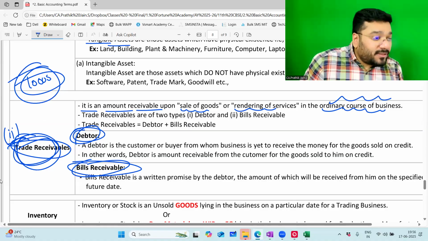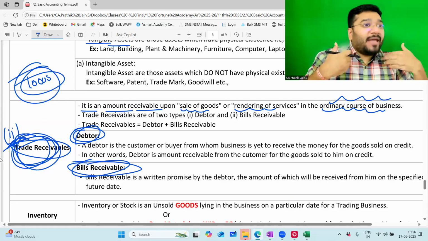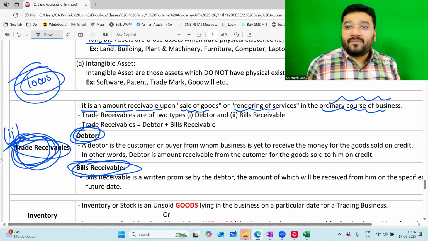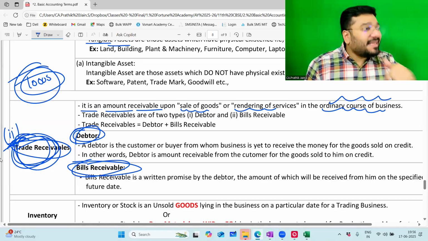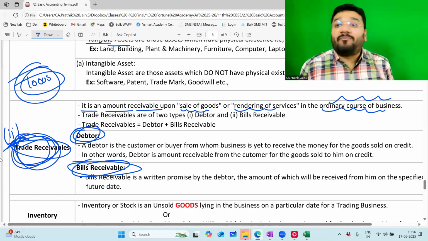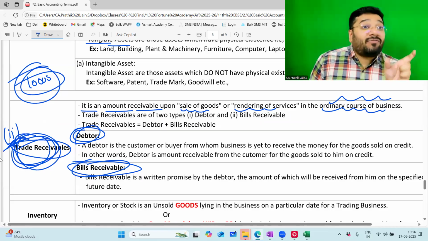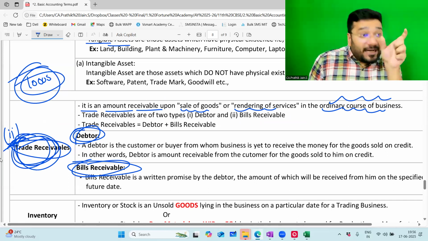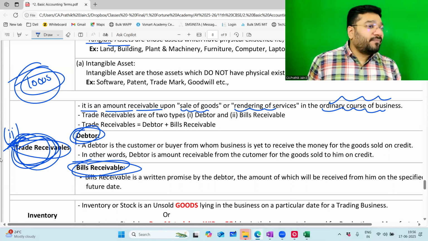So when I talk about trade receivable, it is the money you're receiving from your core business activity. What is my core business? Coaching. If I'm in the business of buying and selling laptops, buying and selling laptops is my core business. If I'm in the business of buying and selling chocolate, that is my core business. So whatever money you get from the core business, which is yet to be received from your customer, is called trade receivable.